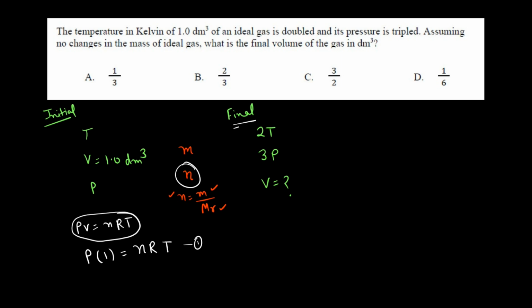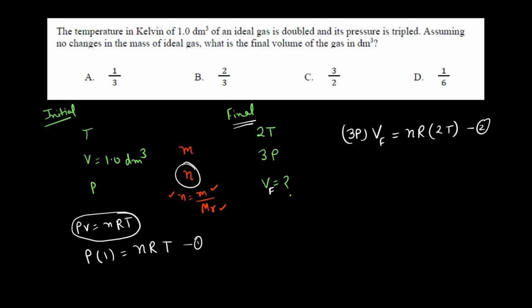In the final condition, let's apply the ideal gas equation. My pressure is 3P, we have to find the final volume VF, the number of moles remains the same, R is the same, and temperature is 2T. This is my second equation.